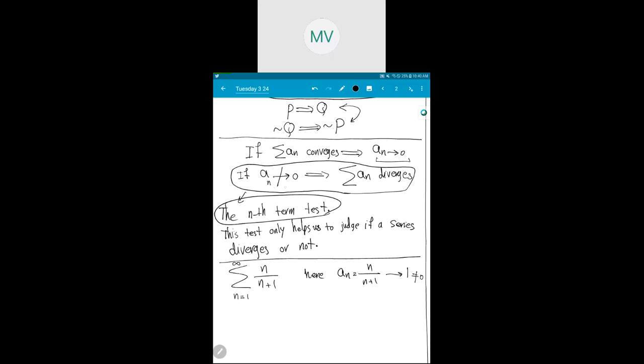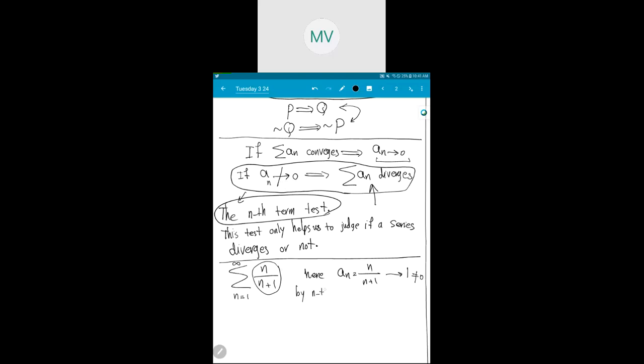So we can go to this nth term test, because this test, this one right here, says if the nth term a sub n doesn't go to 0, doesn't approach 0, then what's the conclusion? The sum of a sub n diverges.